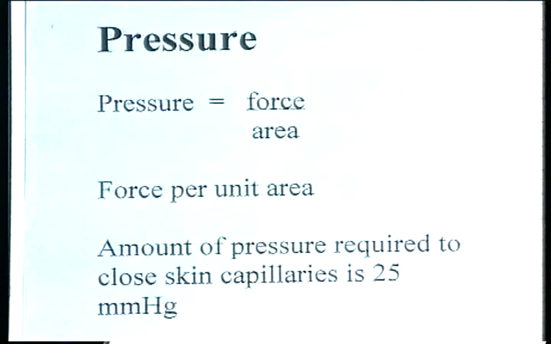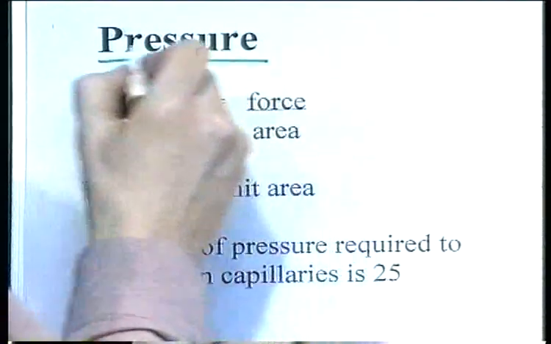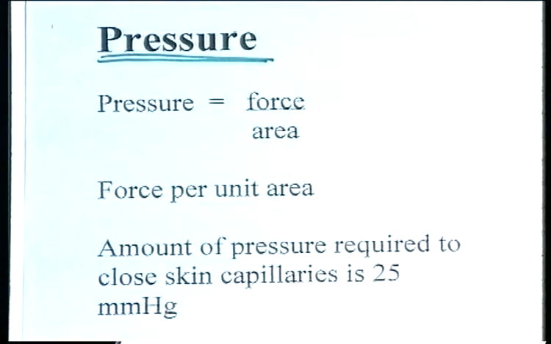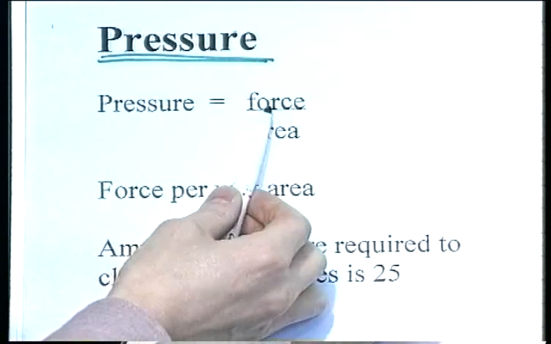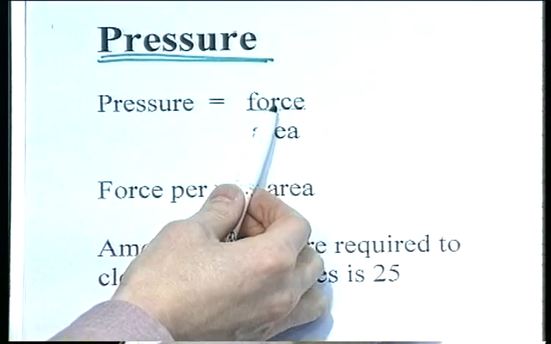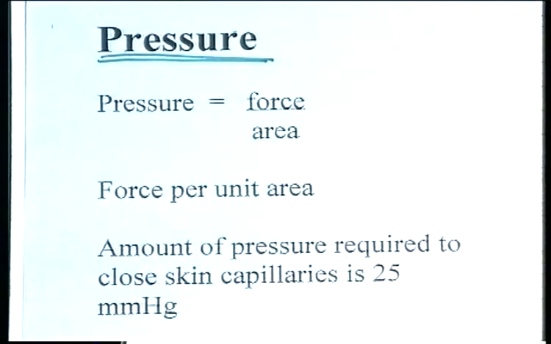Now the first thing I'm going to do is introduce what we mean by pressure, the concept of pressure itself. Well, pressure is determined by two factors: the amount of force pressing down and the amount of area it's pressing down on.